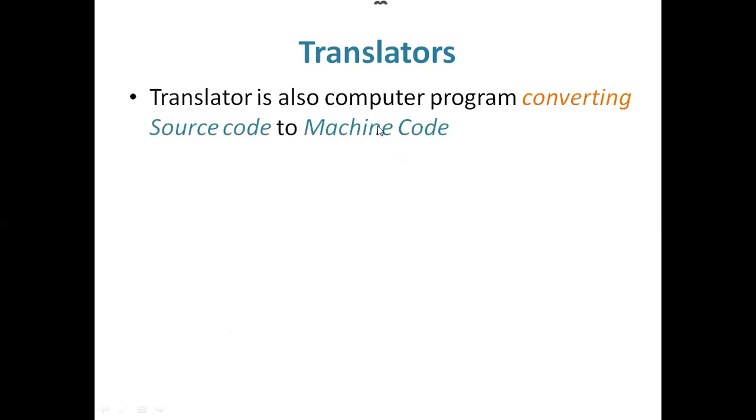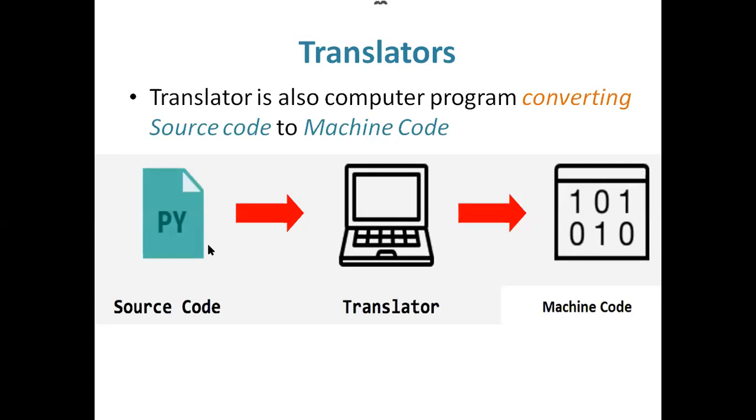A translator is also a computer program, and it converts the source code into the machine code. The source code is written in assembly language or a high-level language, and the translator will convert it into machine code so that the computer can understand it.